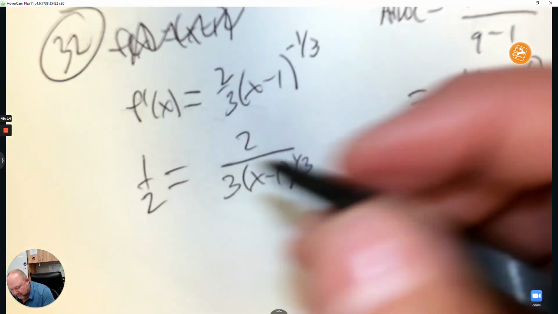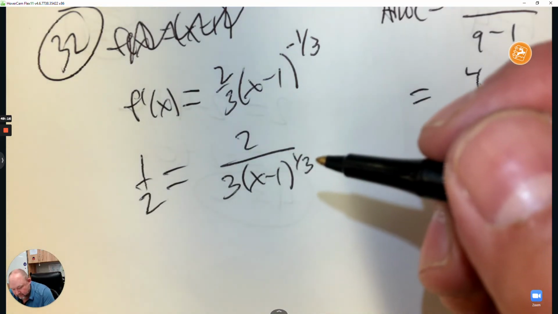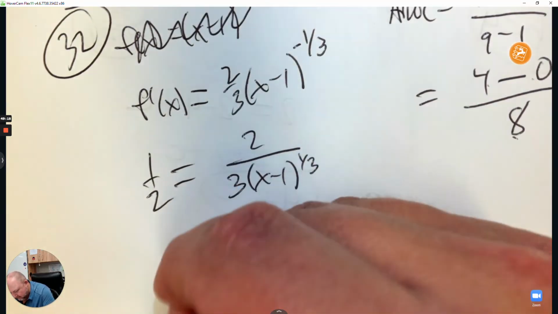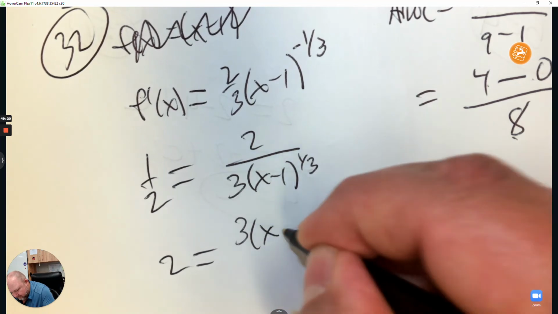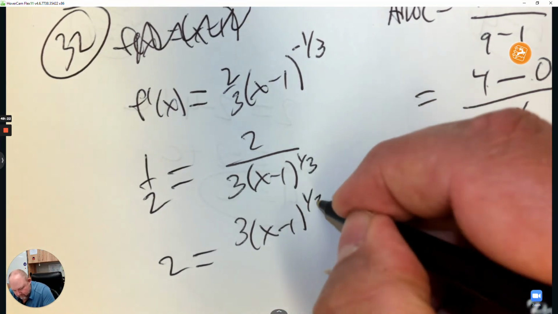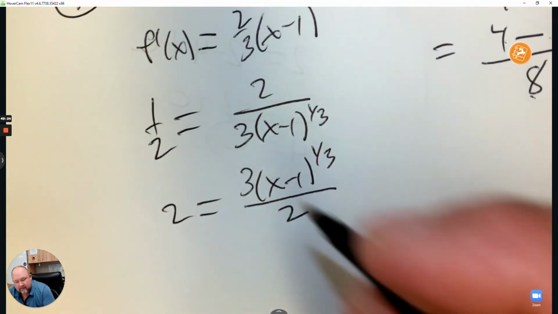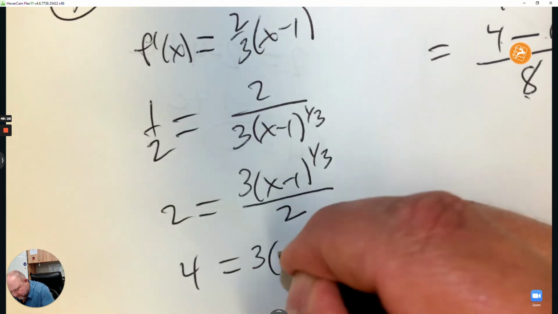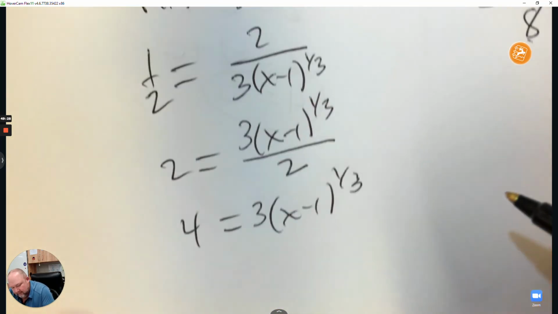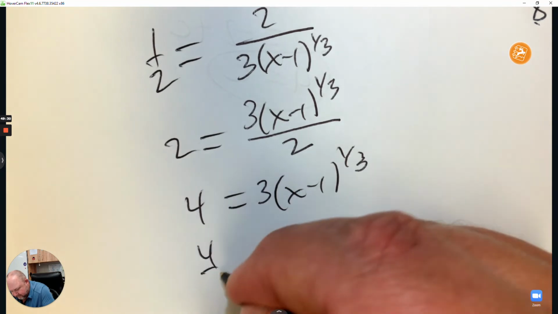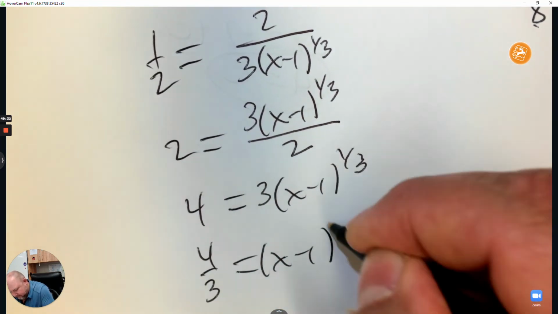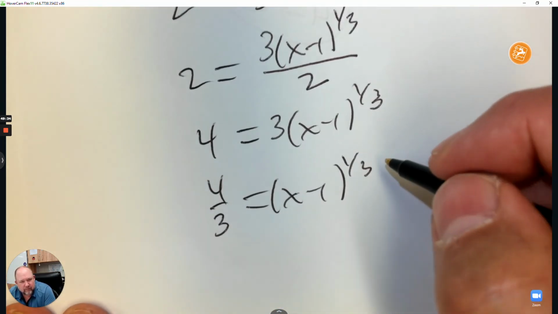So I'm going to multiply both sides. I'm going to do the reciprocal, because I think that's going to be helpful. Then multiply by 2. Divide by 3. Cube both sides.